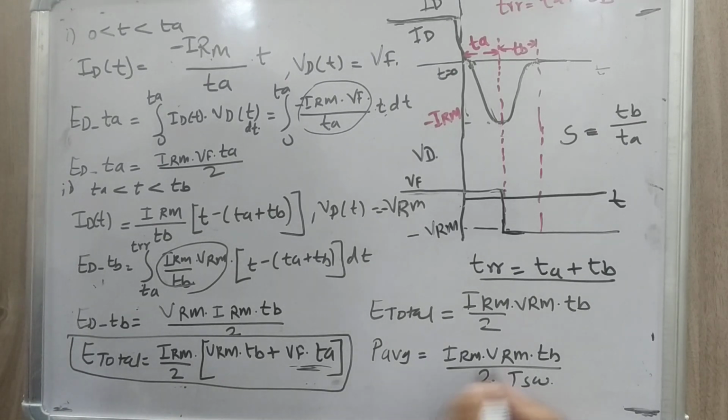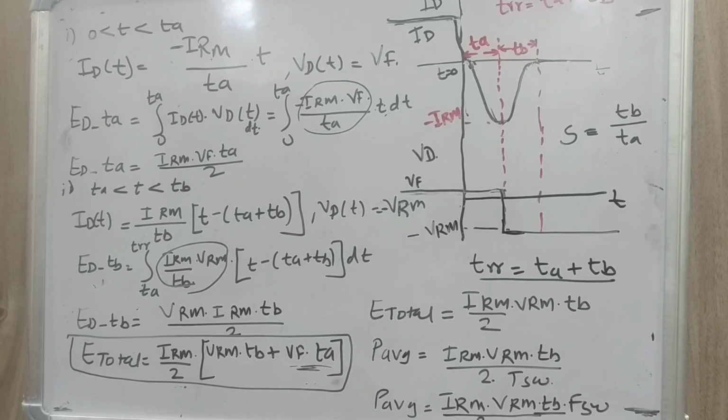We can substitute 1 upon TSW as FSW, the switching frequency. So it is IRM into VRM divided by 2 into TB into FSW. This is the average energy lost inside a diode because of the reverse recovery phenomenon. So this is the final equation.